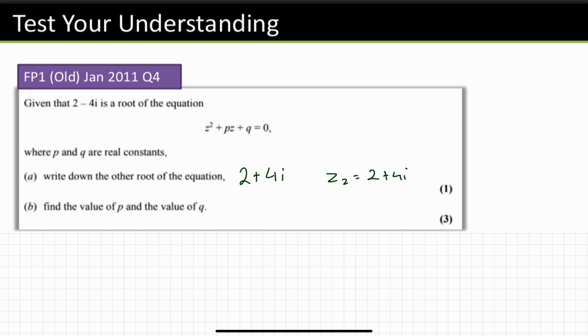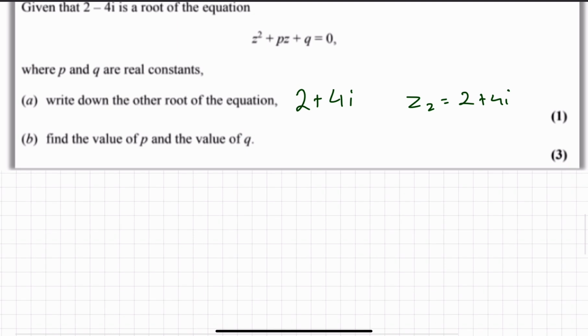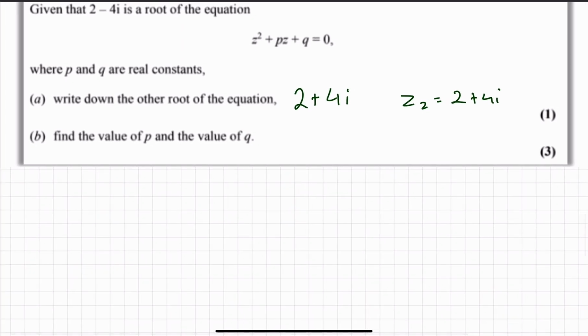Okay. So find the values of P and Q. Okay. So we have the following. We've got two roots. So 2 minus 4i, 2 plus 4i. So we've got the following: z squared minus our two roots added plus our two roots multiplied equals 0.